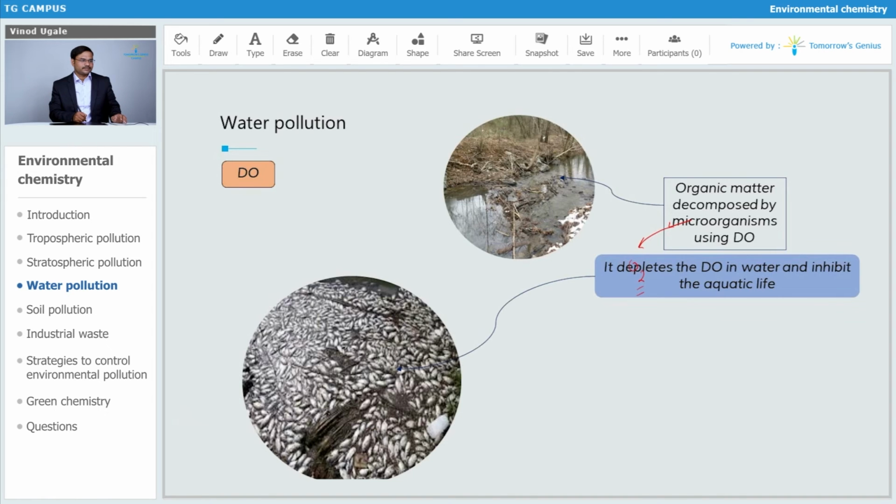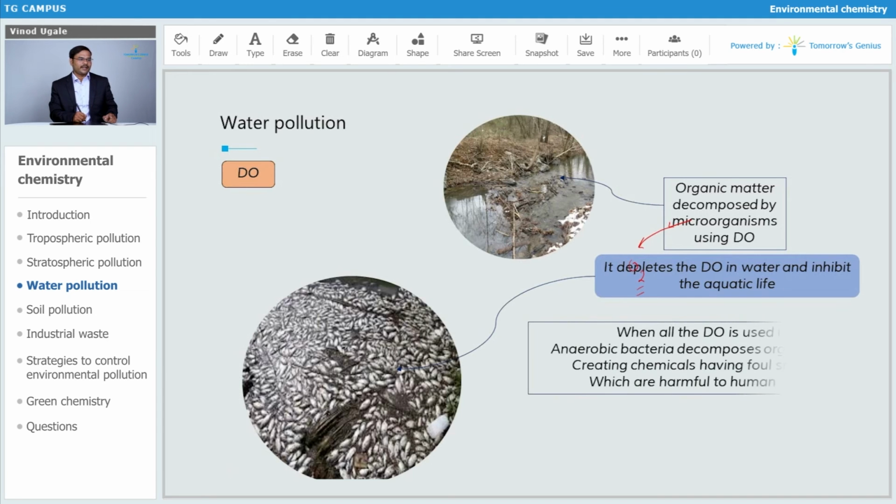So, whenever we throw organic matter in the water body, though we know that it is going to get degraded in some days, keep in mind that for their degradation microorganisms require oxygen, and that oxygen is meant for the breathing of aquatic animals.